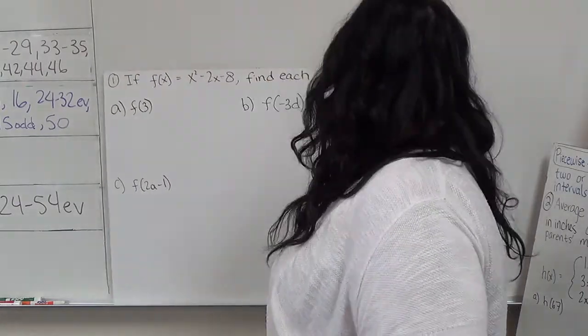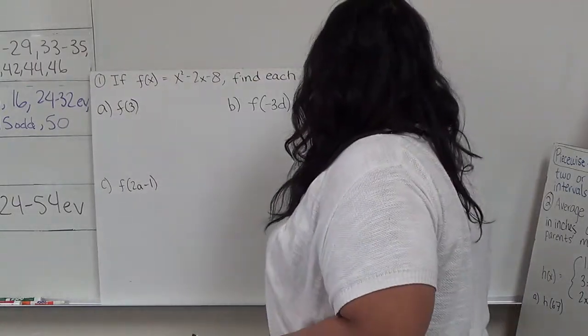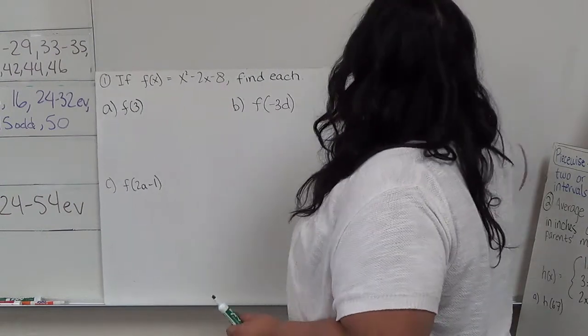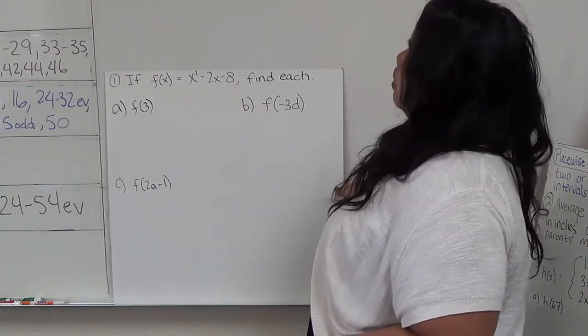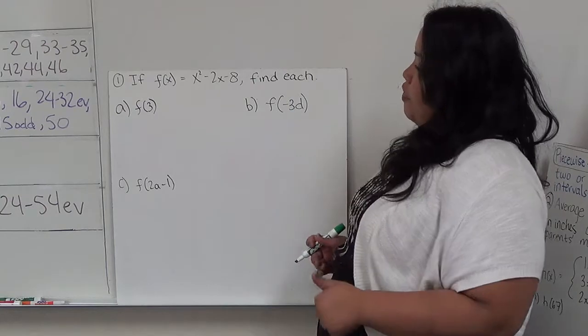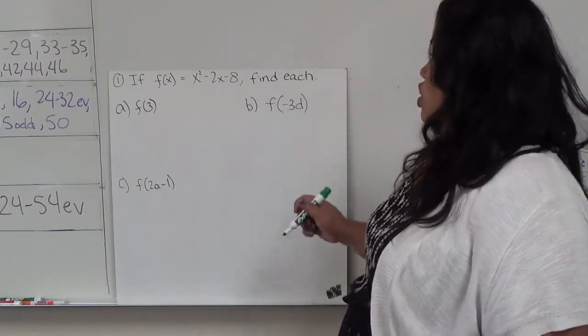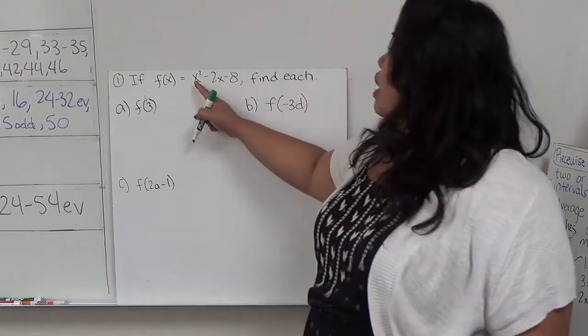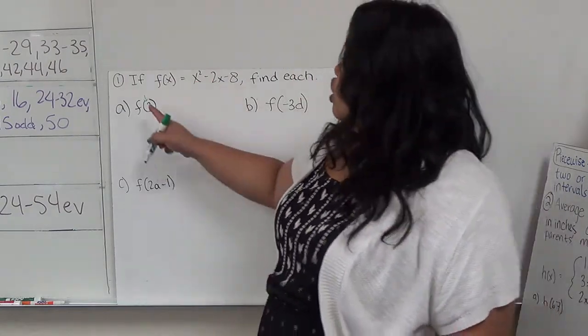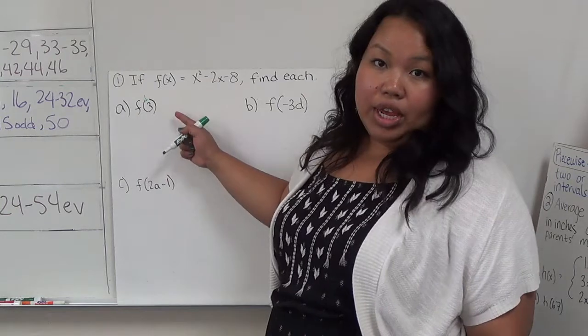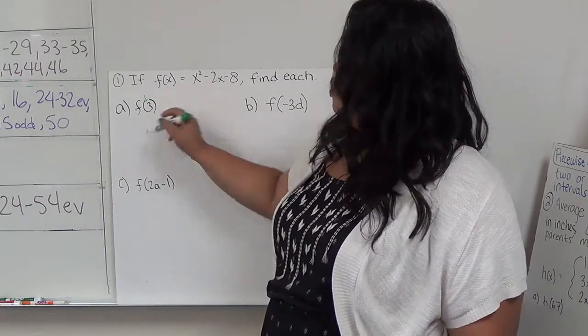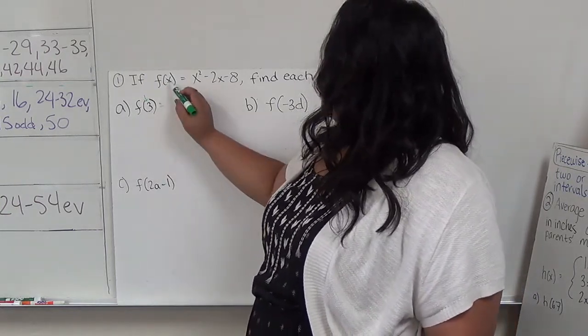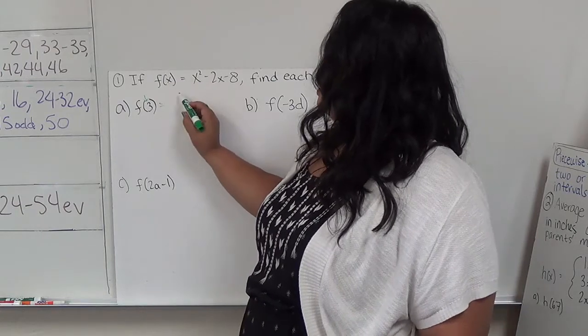All right, so the first one here, you don't need to write this down. The first one here is saying, if f of x equals this equation, find each. So basically, whatever is on the inside here, I'm going to replace the x's in the equation with it. So I say this is f of 3. Everything that I have here, I replace x with the inside.